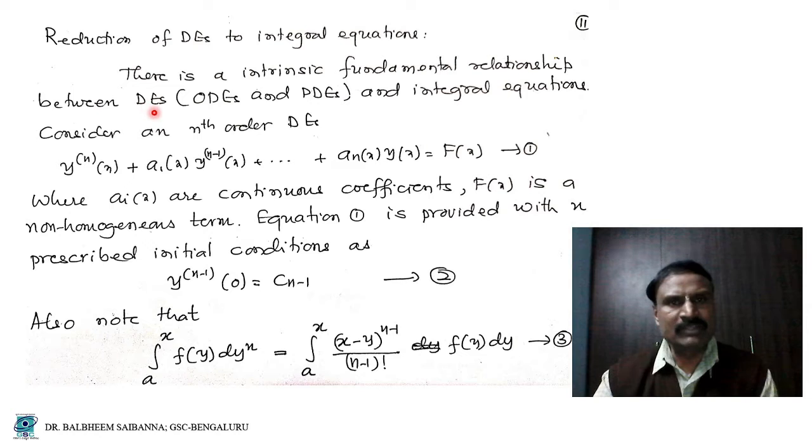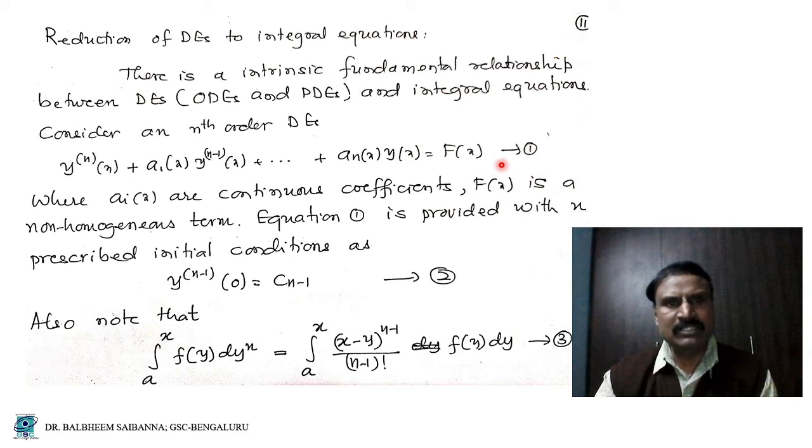Between differential equations and integral equations, consider an nth order differential equation: y to the power of n of x plus a1 of x y to the power of n minus 1 of x, and so on, plus an of x y of x, is equal to f of x.